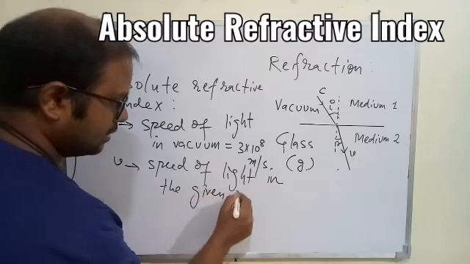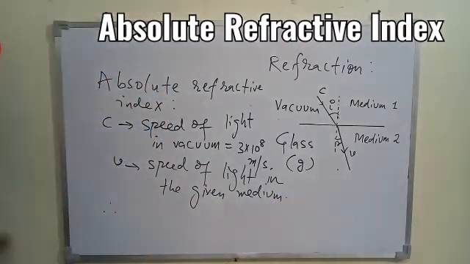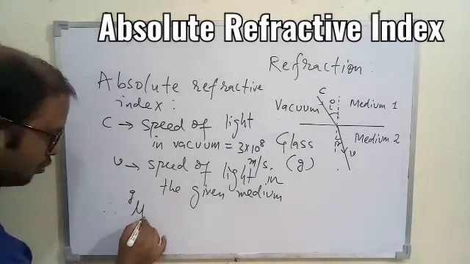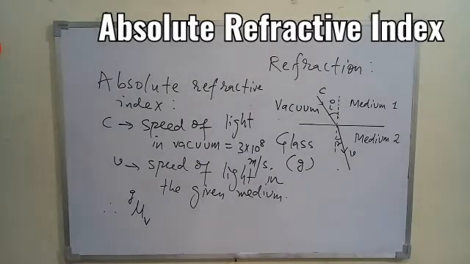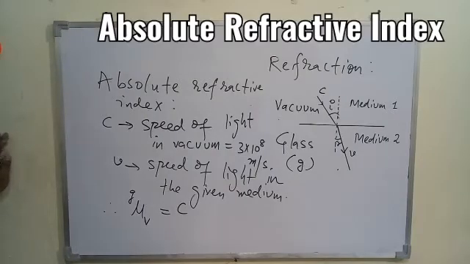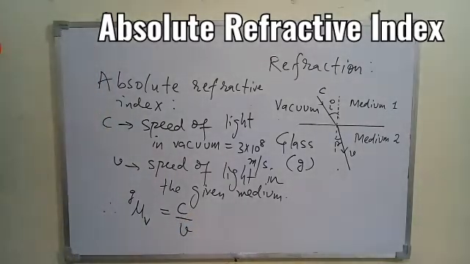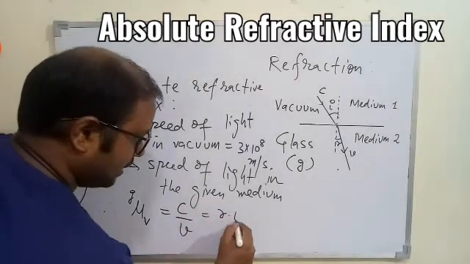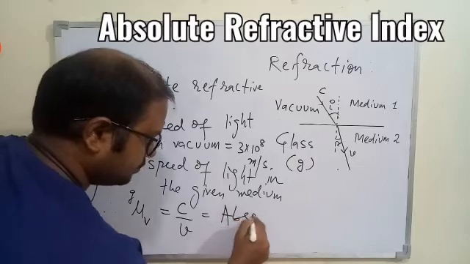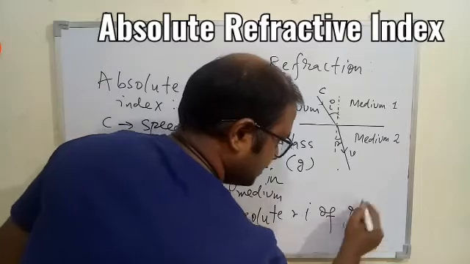Let the medium be glass. Therefore, the refractive index of glass with respect to vacuum is the speed of light in medium 1, that is c, upon the speed of light in medium 2, that is v. So this is the absolute refractive index of glass.